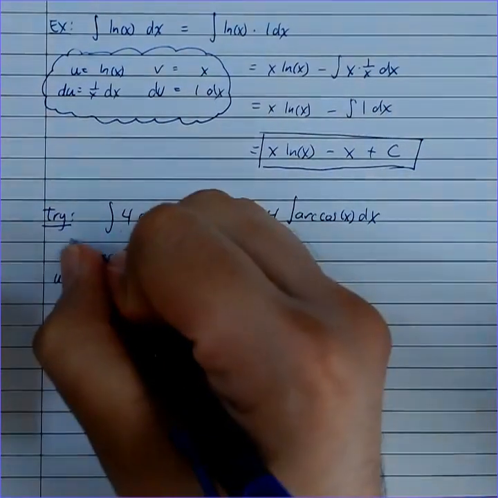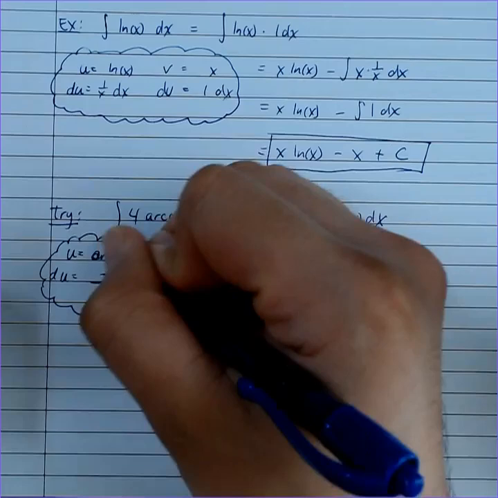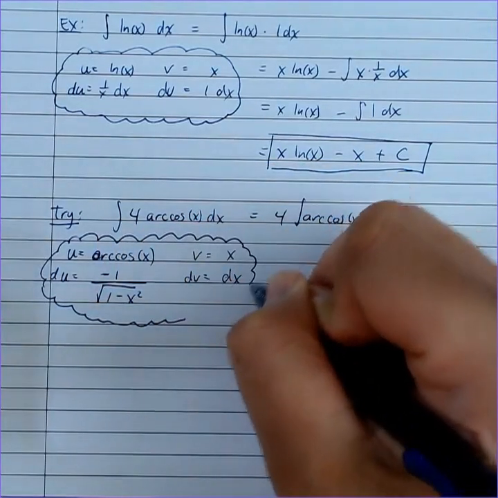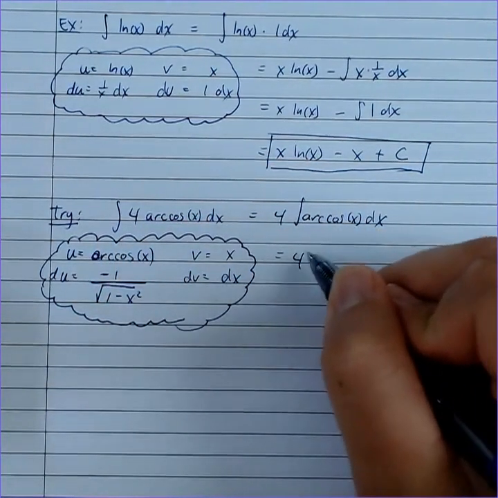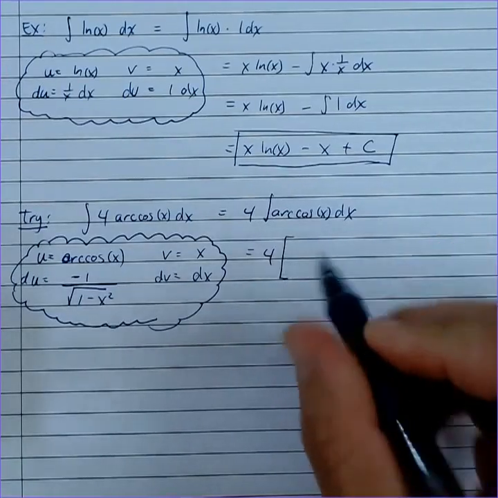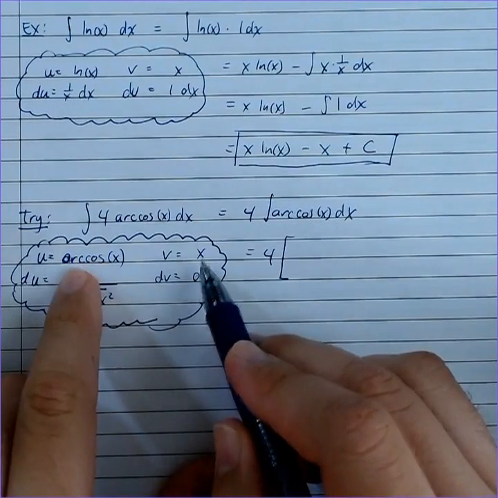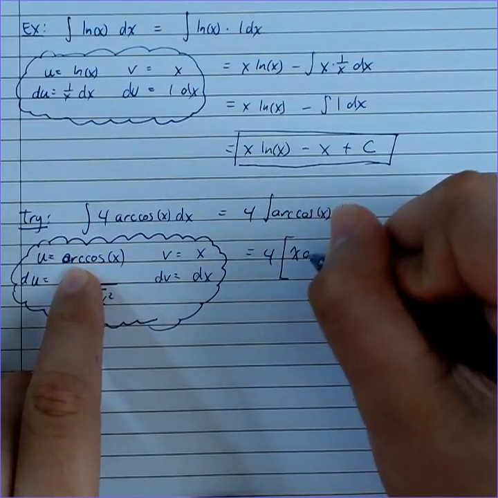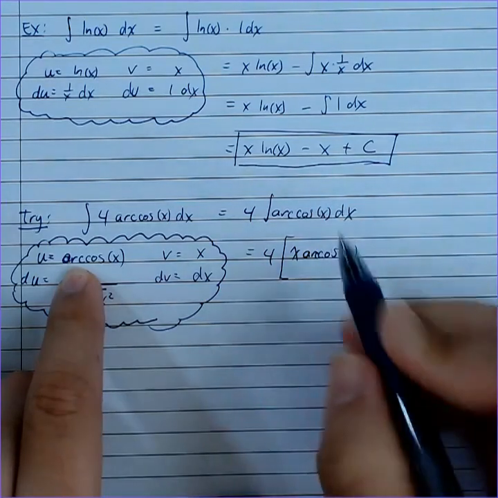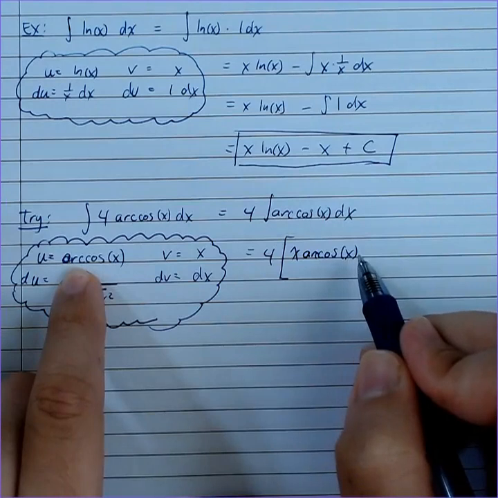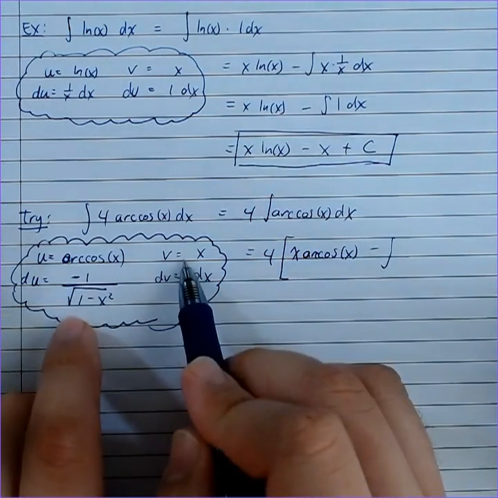So using this, that should be du, using this combination of u and v, we can now rewrite that integral that we want a different way. We can write this as 4 times, okay, this integral is u times v, so x times the arc cosine of x, minus the integral of v times du.